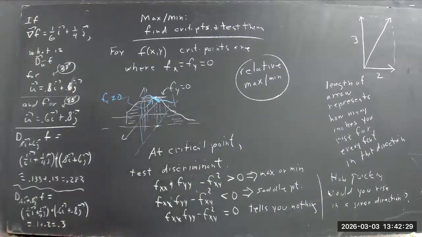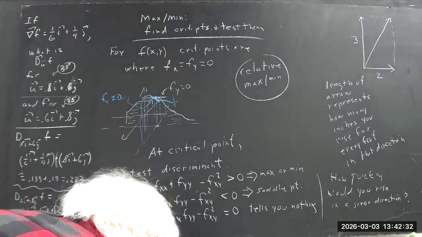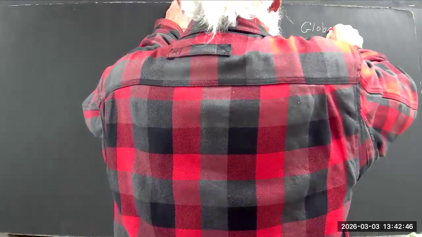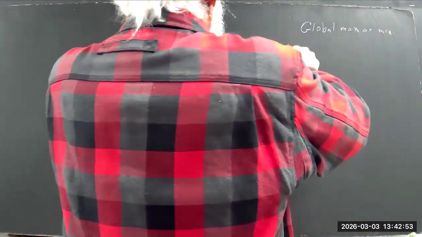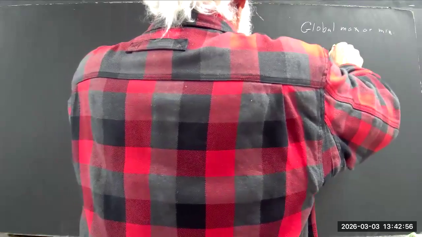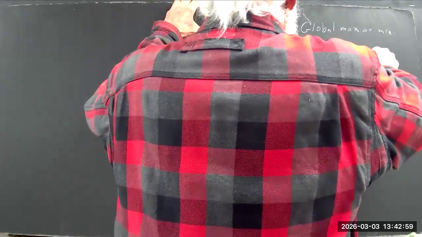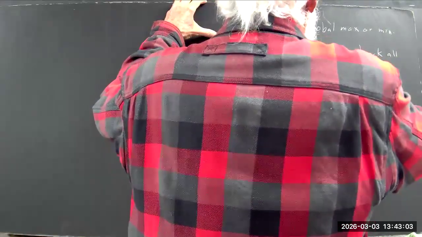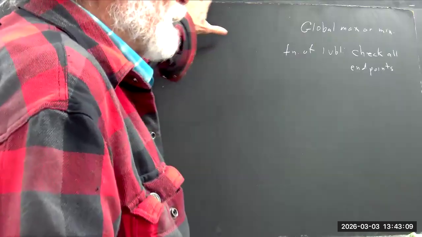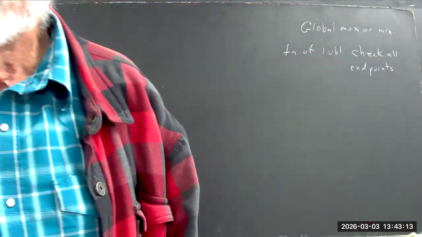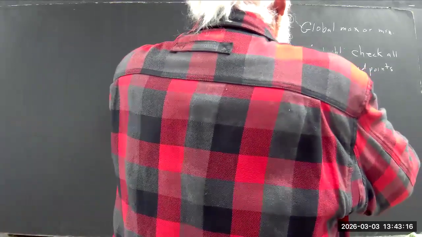For a function of one variable, check all your endpoints. In other words, you could have a function that looks like this.